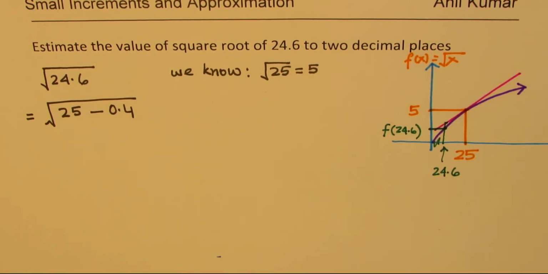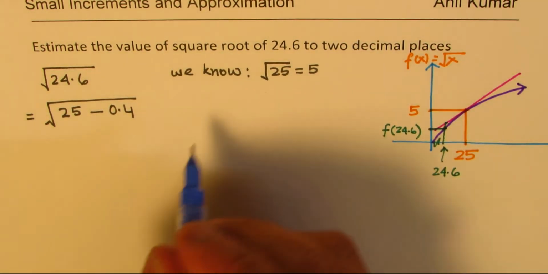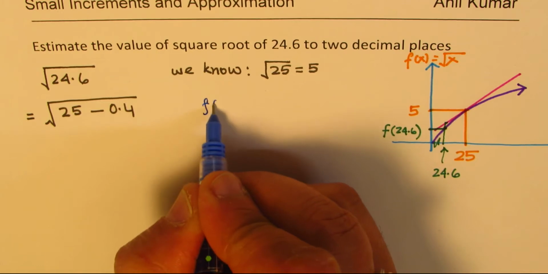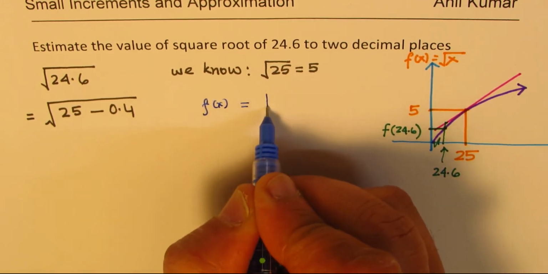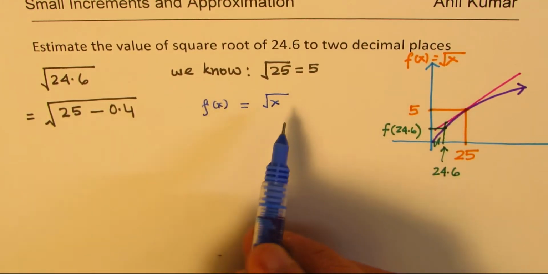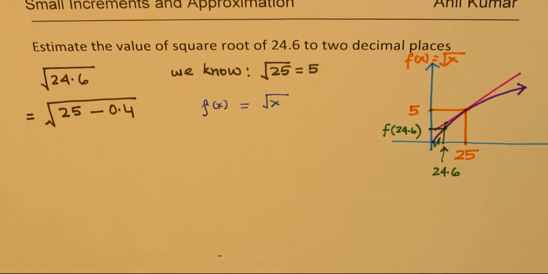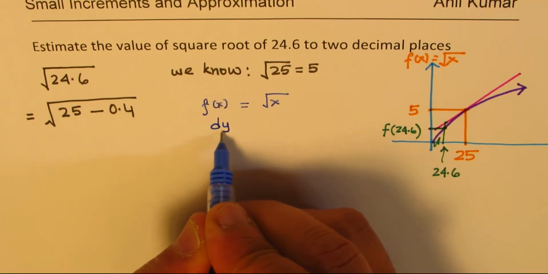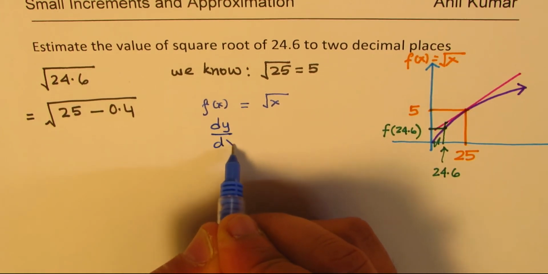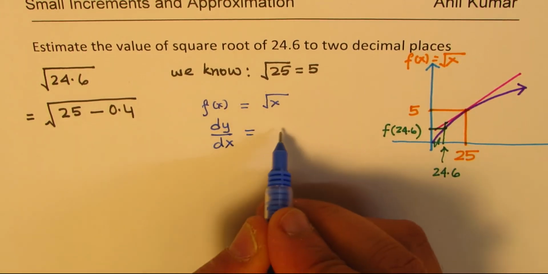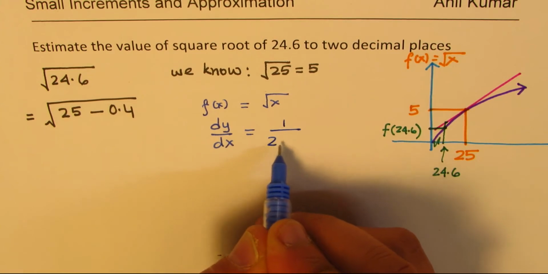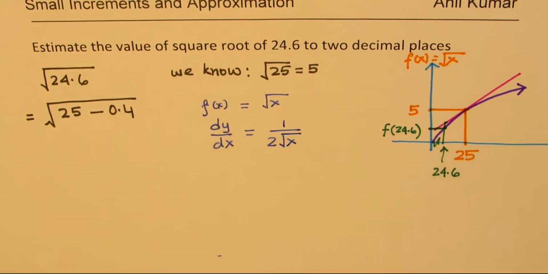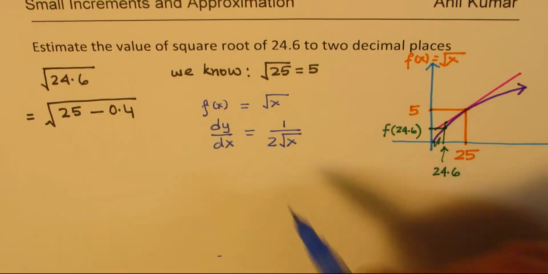So what we will do here is we'll try to understand that the function f of x equals square root of x actually defines all the values, right? So if I take the derivative of this function, that is to say if I write dy over dx, the derivative of this function is 1 over 2 square root of x, right? So that becomes the derivative.